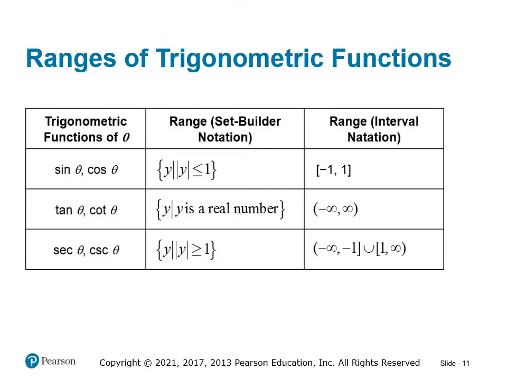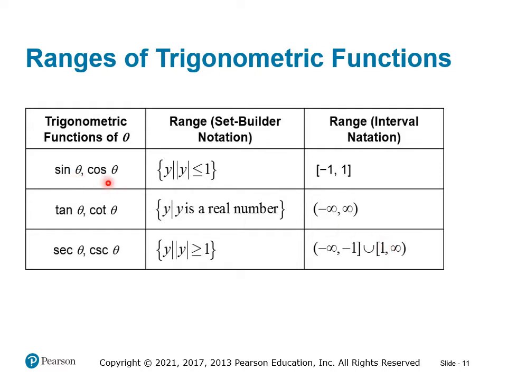All right. So this is one chart I do think it's important to learn. Notice that these are basically the same thing. These are the same value, they're just in different notation. I'm going to focus on the interval notation because I think this is easier for students to see sometimes. Not always true, but.